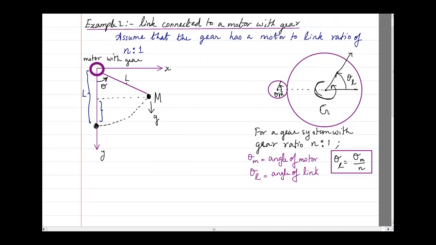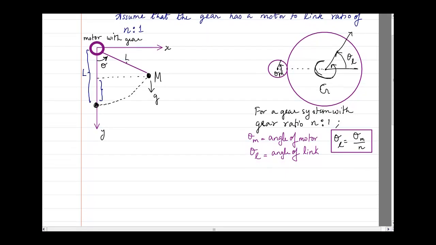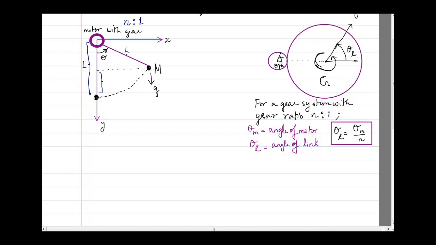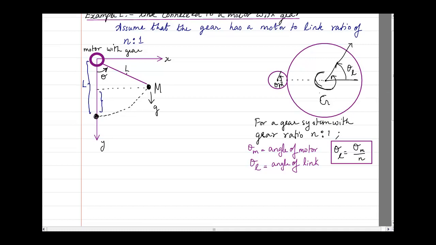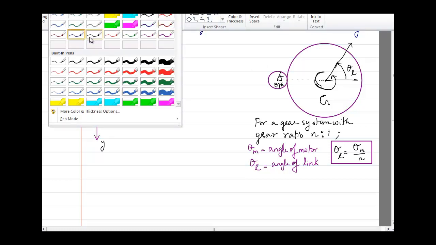Now talking about the kinetic energy, look at this one very carefully. Here we will be interested in the two circles that we are having. Suppose the mass and the radius give a moment of inertia.